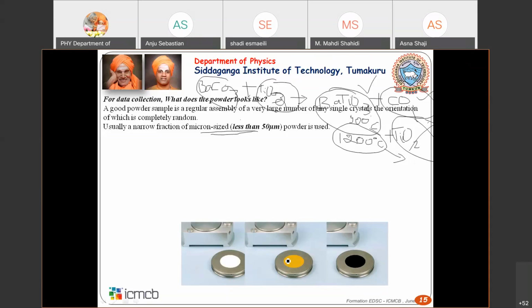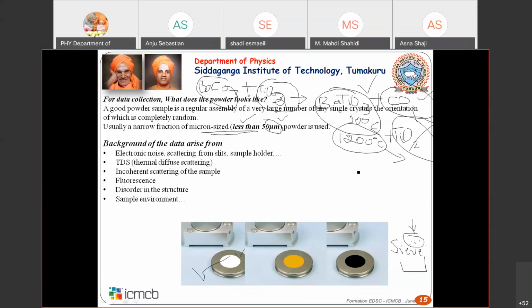And then thermal diffusion scattering, so this will come again. And there are some other things like fluorescence. For example, if you are using an iron sample or some cobalt sample, and if you are trying to use your copper radiation, copper K alpha 1 and alpha 2, then what happens? There is a lot of fluorescence from this iron, and one way to reduce that is you can put a mask after the diffraction.